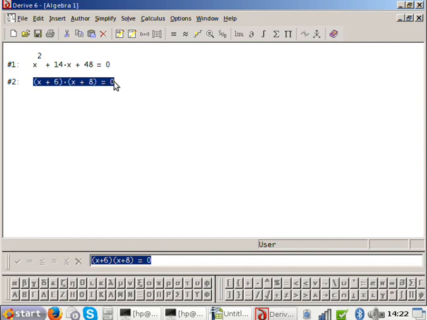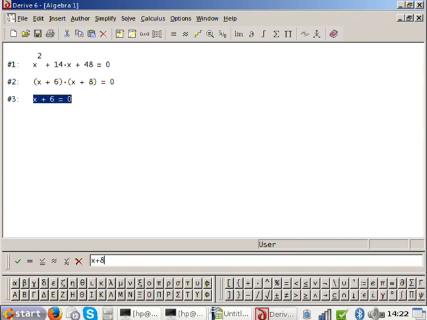The only way this can be 0 is if this is 0 or this is 0 or they're both 0. So you actually can change this one problem into two problems. x plus 6 equals 0 and x plus 8 equals 0.